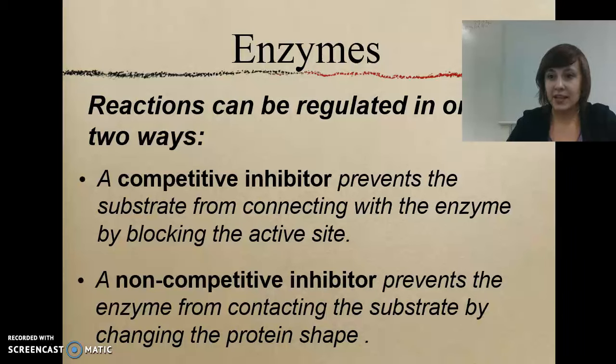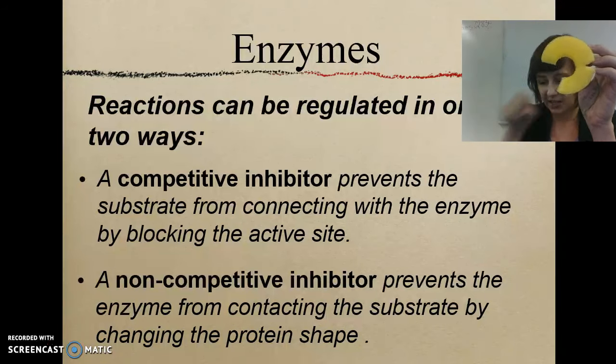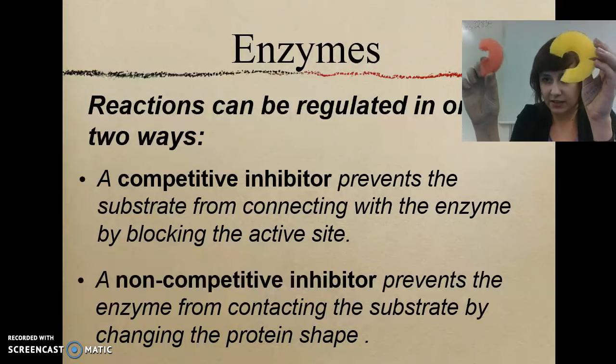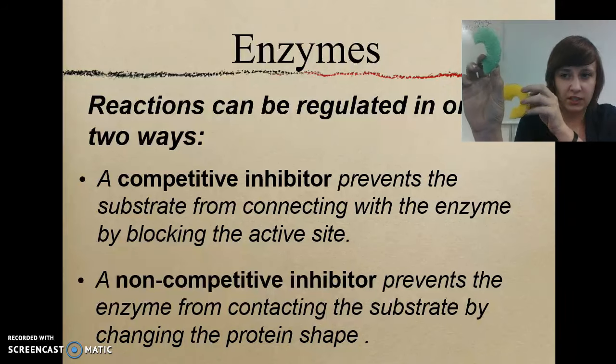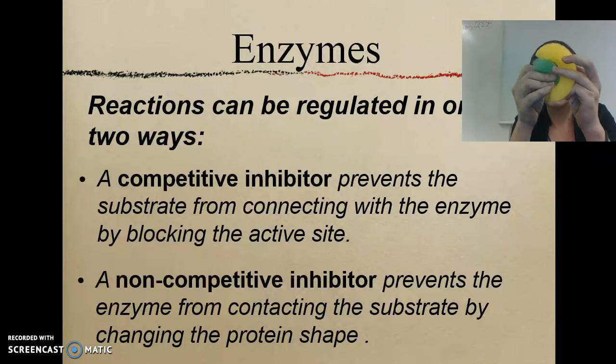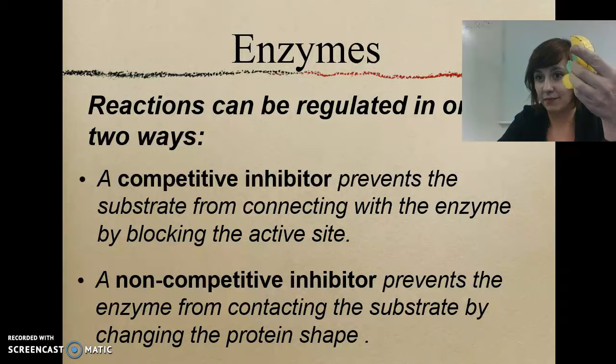So enzymes can be regulated in one of two ways. They can either have a competitive inhibitor or a non-competitive inhibitor. Competitive inhibitors directly compete for the active site. Remember, the active site is right here. So if our substrate looks like this, we can have a competitive inhibitor, which is going to be our green one here, that can fit into this active site and stop the enzyme from working.